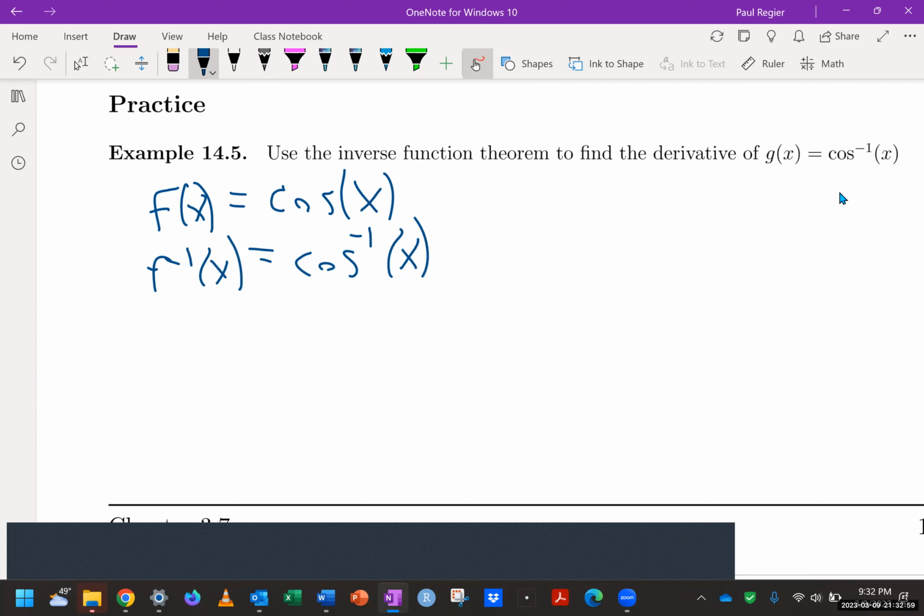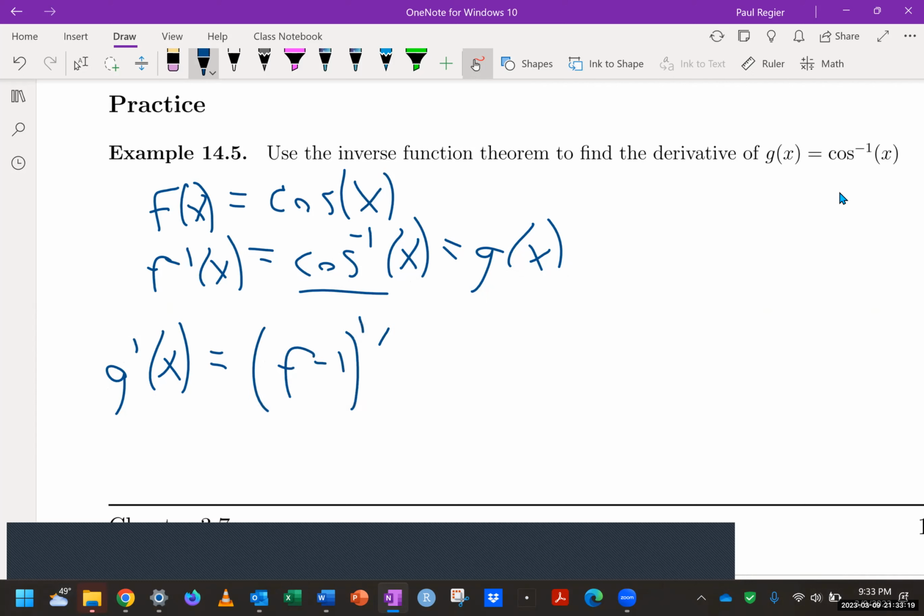But if we want to find the derivative of this, this is g of x. We can say g prime of x is, according to the inverse function theorem, or I should say first, if it helps to write it this way, this is f inverse prime of x. We set it up that way.